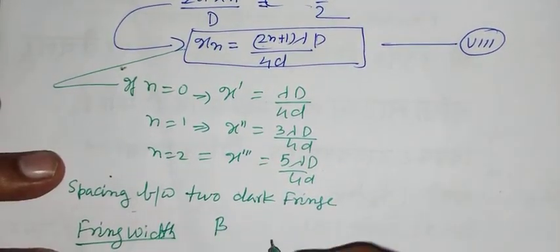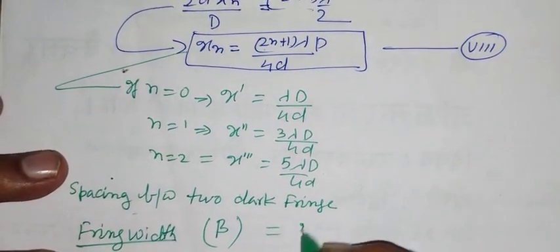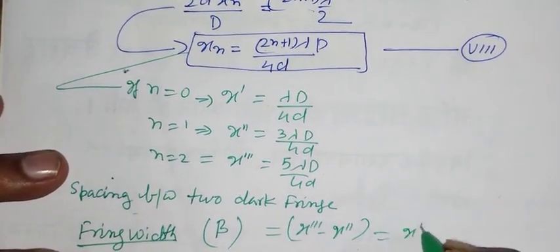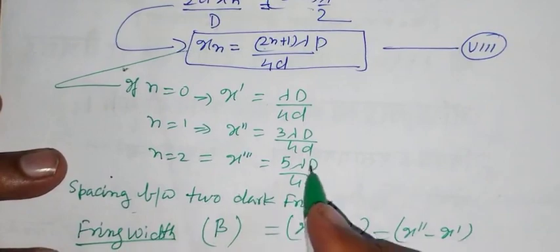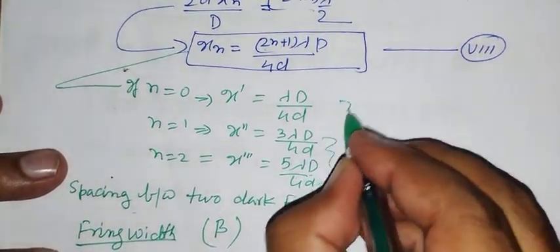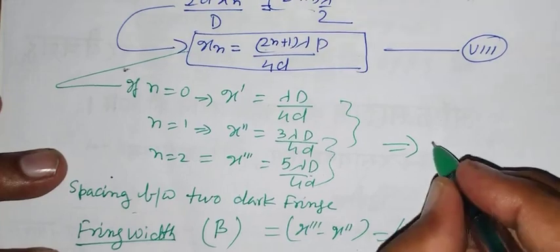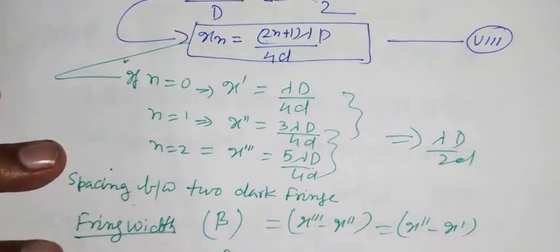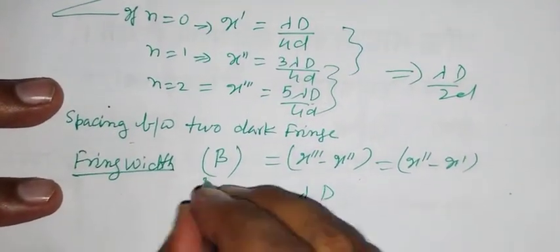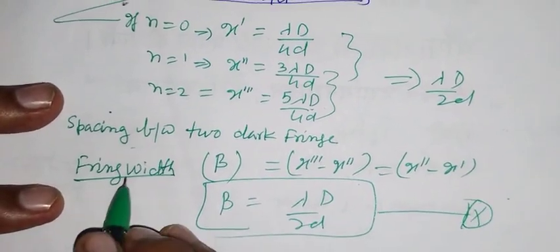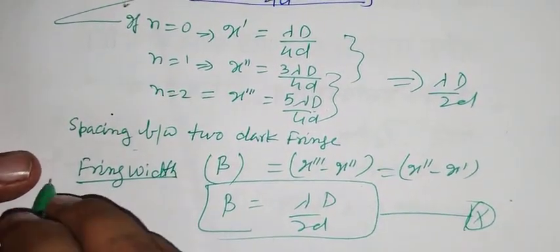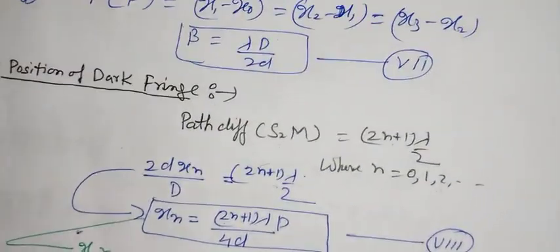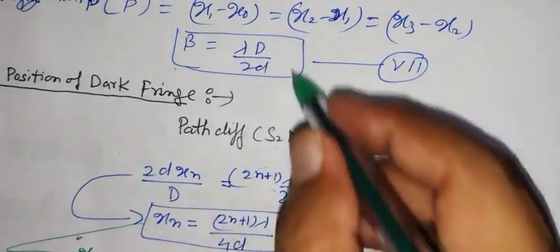So fringe width beta is equal to x triple dash minus x double dash, or x double dash minus x dash, and after subtracting either of these two, the same thing is obtained, that is lambda D by 2d. So beta is equal to lambda D by 2d. Whether we obtain the distance between bright fringes or the spacing between two dark fringes, the fringe width is the same in both cases.